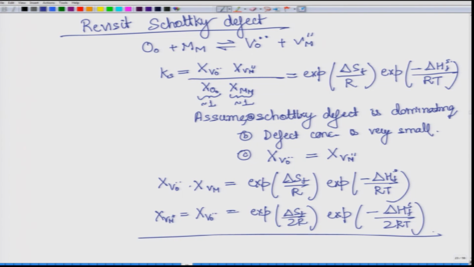This is a relation that we had derived earlier, and you see that we have been able to derive it here too. So this is one example. We will continue with more examples in the next class. Thank you.